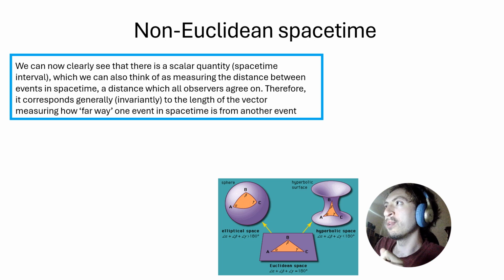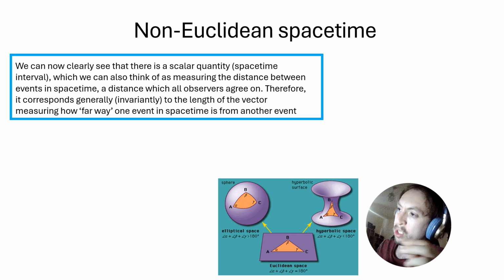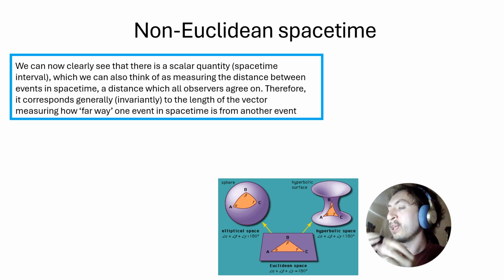Now, the distance from one event to another is kind of like the length of a vector, where this vector is an arrow that links one event to the other event. Like this vector starts at one event and ends at this other event. So we can rethink of the space-time interval as really the length of a vector in space-time.